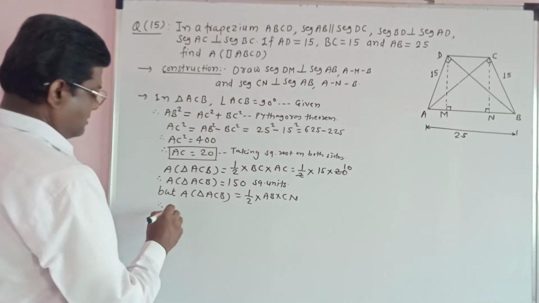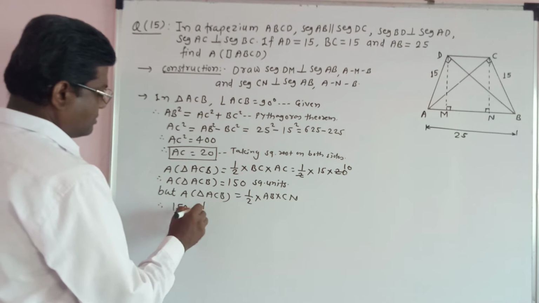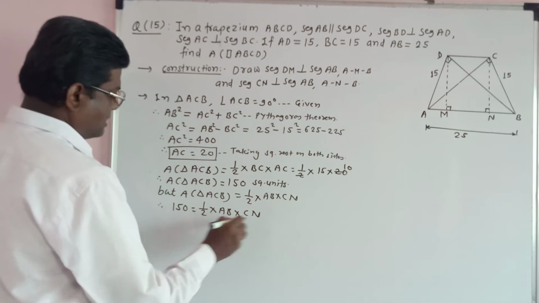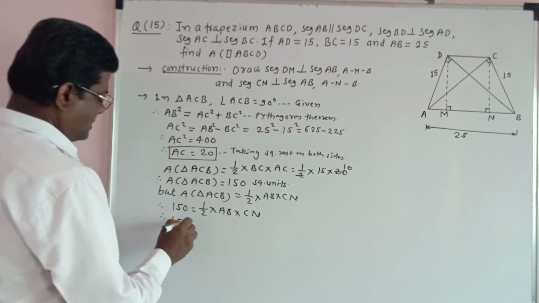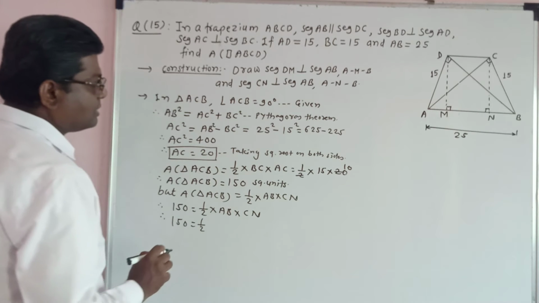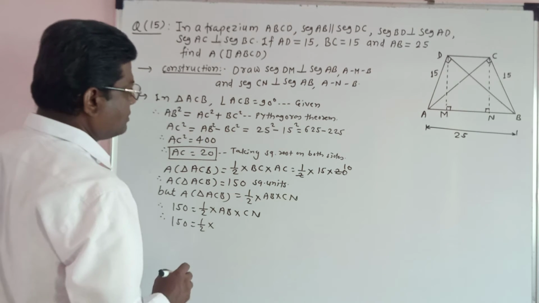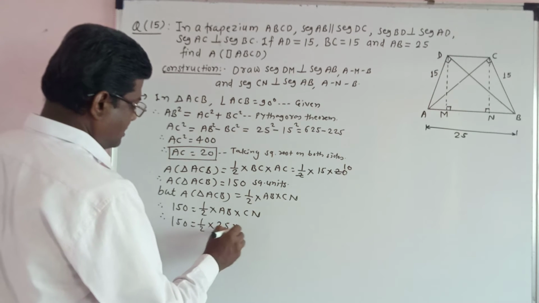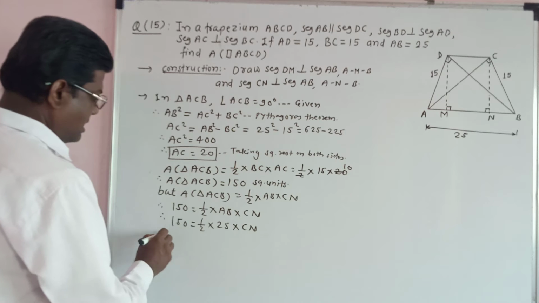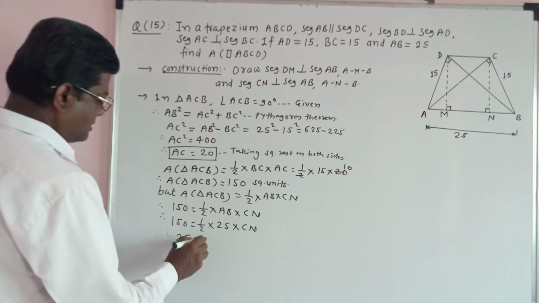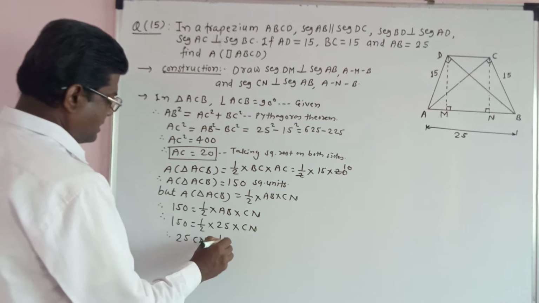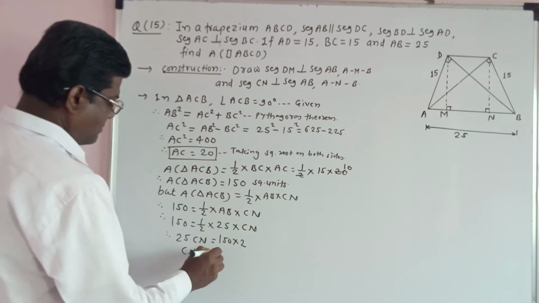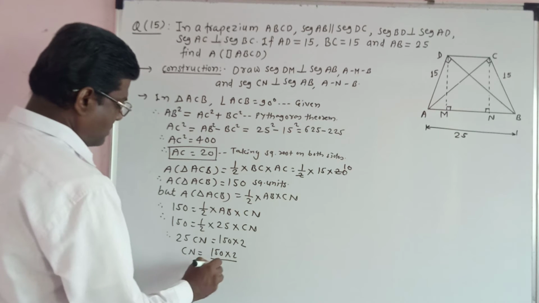Therefore, this area 150 is equal to 1/2 into AB into CN. Therefore, 150 is equal to 1/2 into AB is 25 into CN. Therefore, 25 CN is equal to 150 into 2. Therefore, CN is equal to 150 into 2 upon 25.